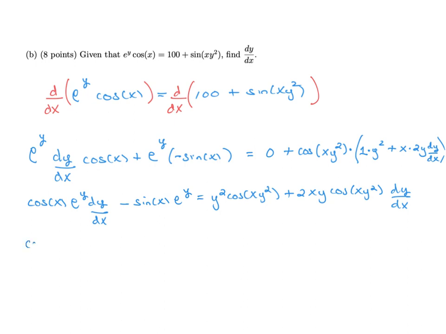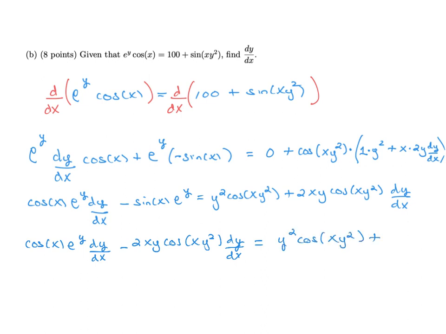So we get cosine x e to the y dy/dx minus 2xy cosine xy squared dy/dx is equal to y squared cosine xy squared plus sine x e to the y. The reason this will help us is we can factor out dy/dx from both terms on the left. We can then divide whatever is remaining to the other side of the equation, essentially solving for dy/dx.